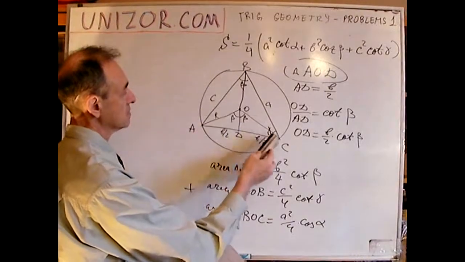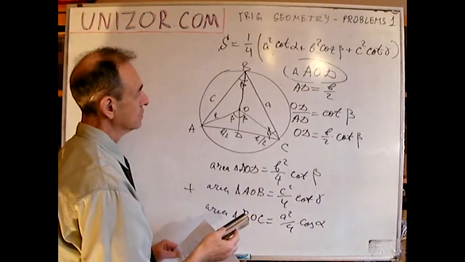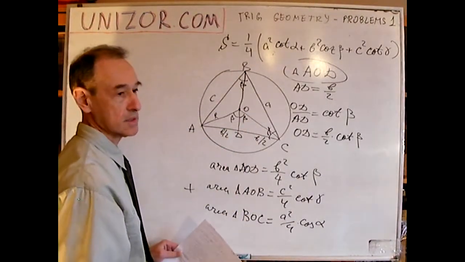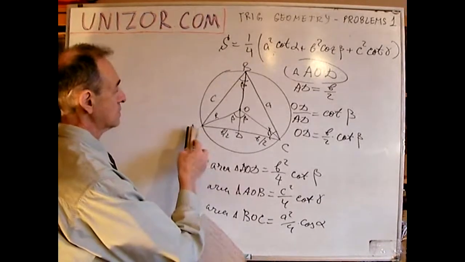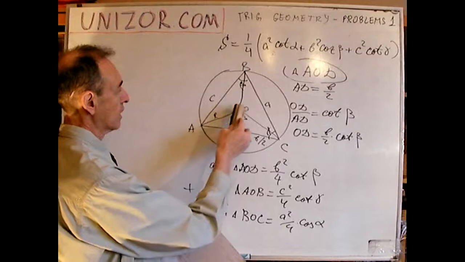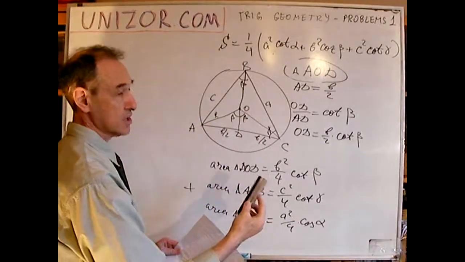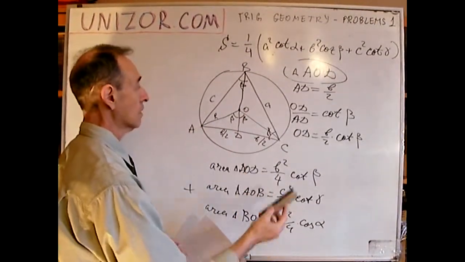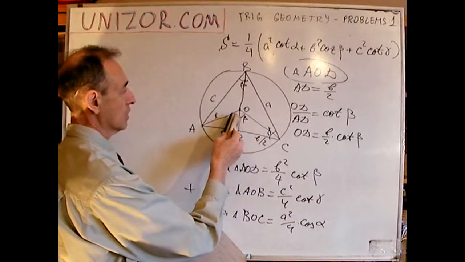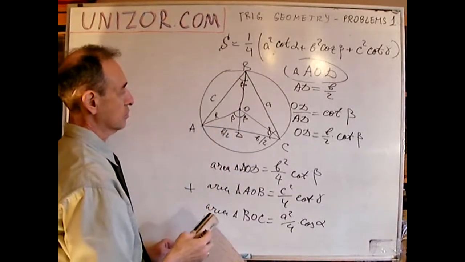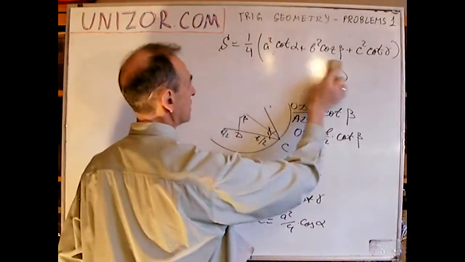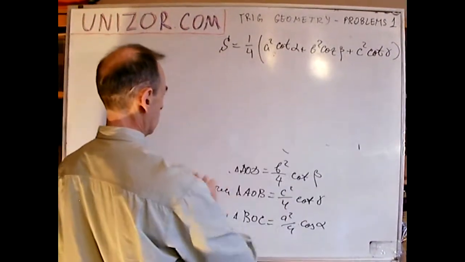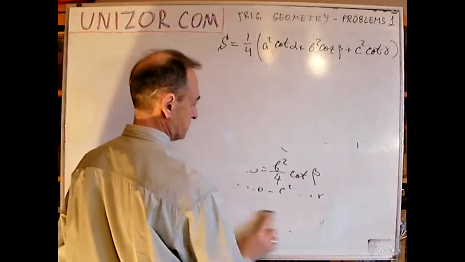So in this isosceles triangle, the altitude is the same as median and angle bisector. And that's what actually made triangle AOD simultaneously the right triangle and the one which has this angle equal to beta. Everything else is basically a definition of a cotangent and area. Everything else was simple.